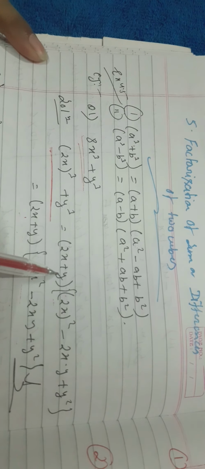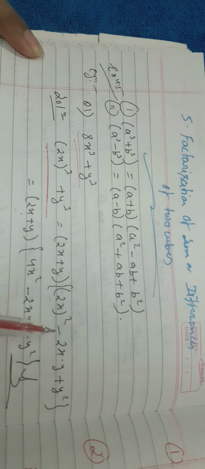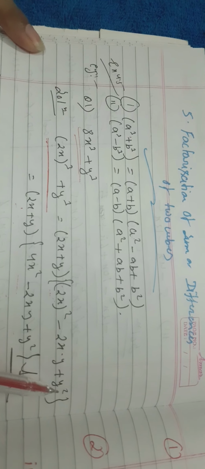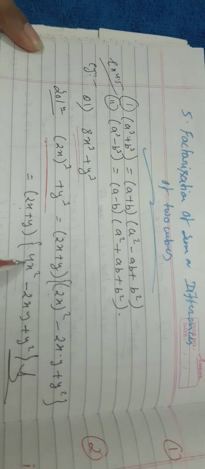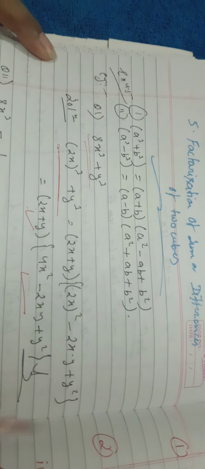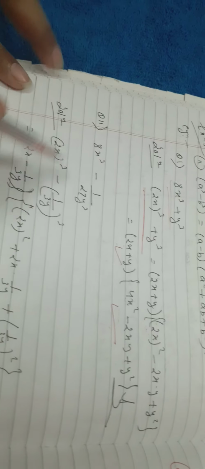So I have written 2x plus y, and in place of a square minus ab plus b square, I have written 2x square minus 2xy plus y square, and just open it. 2x square means 4x square and y square means y square, and these are the two factors, first bracket, second bracket, and your answer is over.